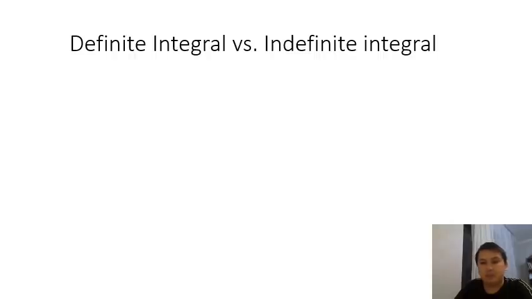So in the previous lectures, we discussed the definite integral, right? So what was the definite integral? Well, the definite integral was an integral of the form f of x dx, an integral from a to b. And once you evaluate, you get a number, right? However, for the indefinite integral, we do not evaluate from a to b, right?